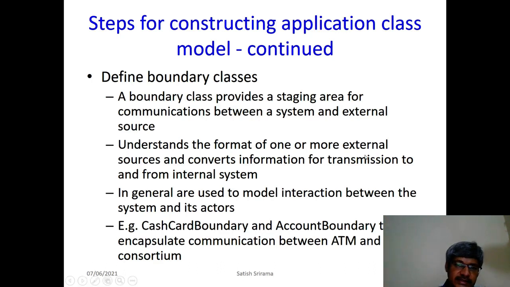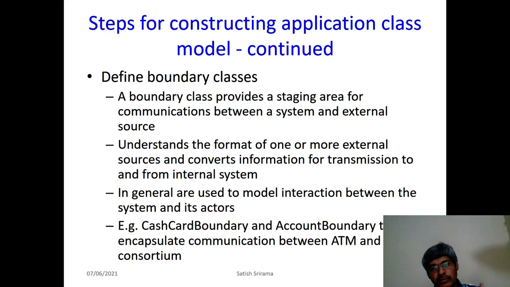A boundary class provides a staging area for communication between a system and an external source. For example, when you are developing a domain model with classes, the core system can interact with external systems. But the external sources should not define the structure of your system.